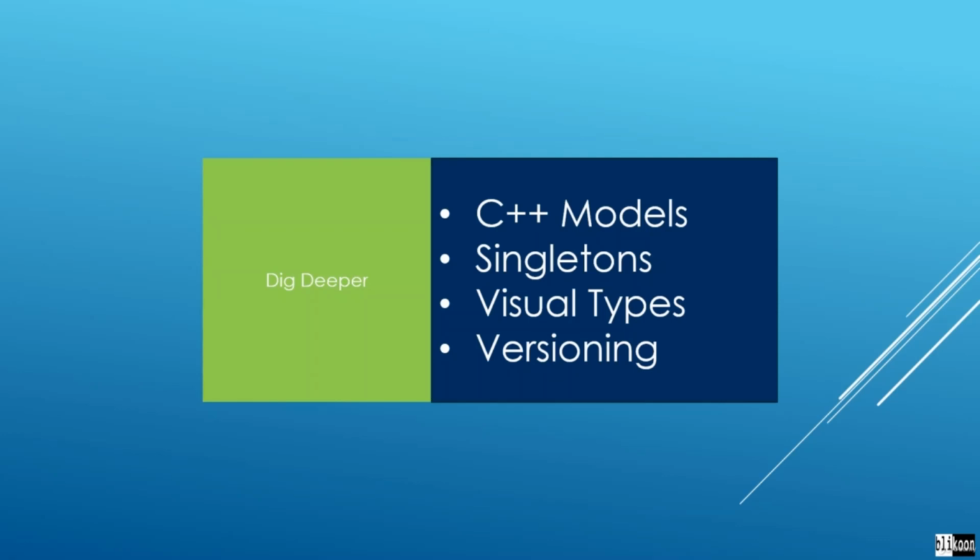So it is something good to look at. You can also learn about how to expose your classes as singletons, building your own visual types, versioning your QML types so that your users can run different versions of the APIs that you provide. These are the topics I do recommend to look at if you really want to know more about how you can get your C++ and QML sides to talk to each other.